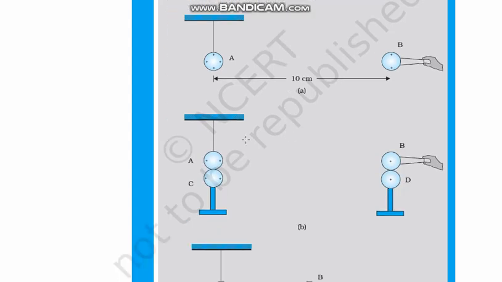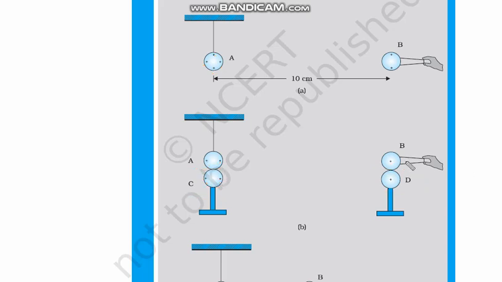See, now we have made things complicated. These are touched by spheres C and D, and as you know, the charge will be equally distributed. So here there are 1, 2, 3, 4 positive charges: 1 and 2 are on A, 2 are on C. That should be uniformly distributed.